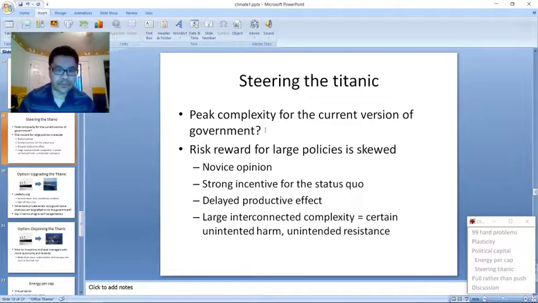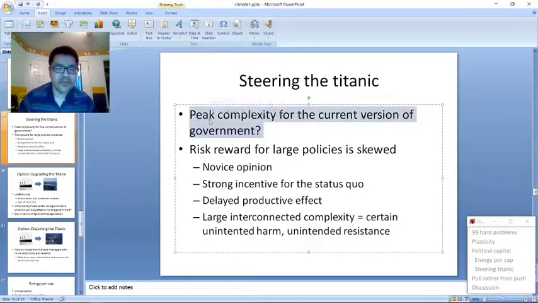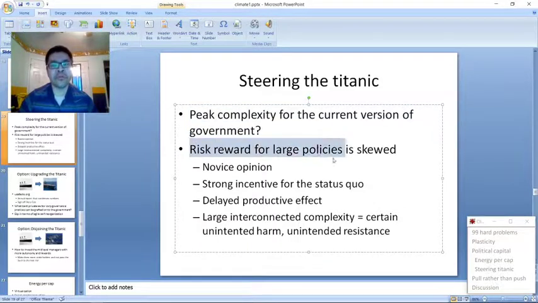Are we reaching peak complexity for the current version of government? Is the risk-reward for large policies skewed?